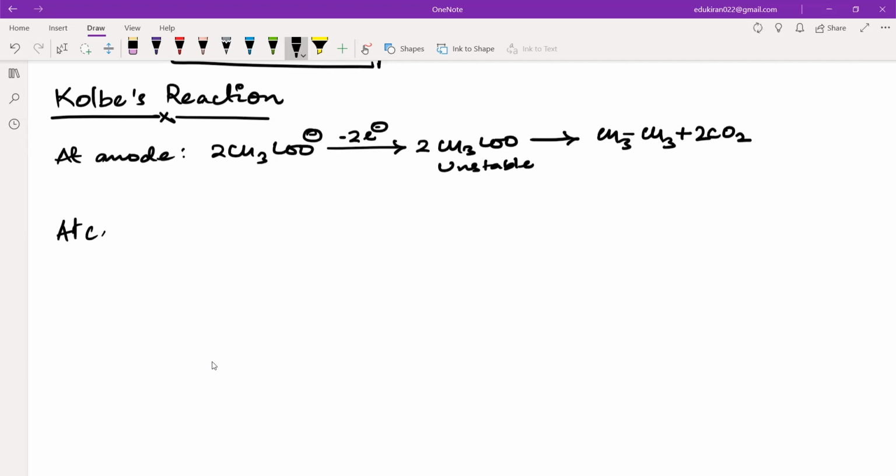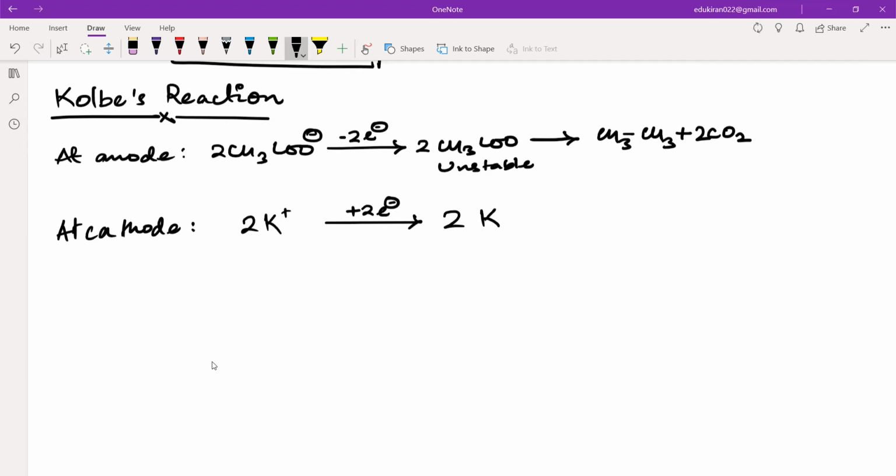And at cathode, as we all know, we have reduction. This CH3COO negative will have a counter ion, most probably sodium or potassium ions. So you can take 2K positive or 2Na positive, whatever you want. And this 2K positive is going to eat up electrons. Each K positive will eat 1 electron, and then it is going to form 2 moles of potassium.